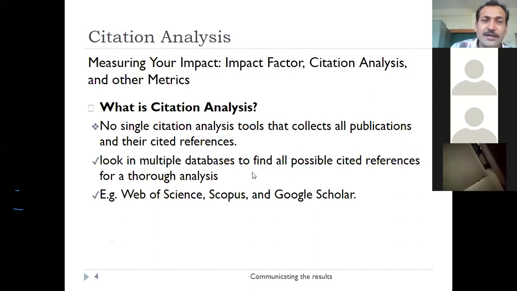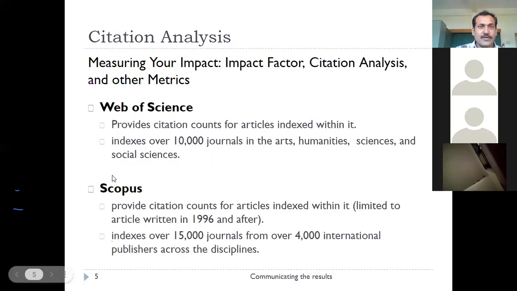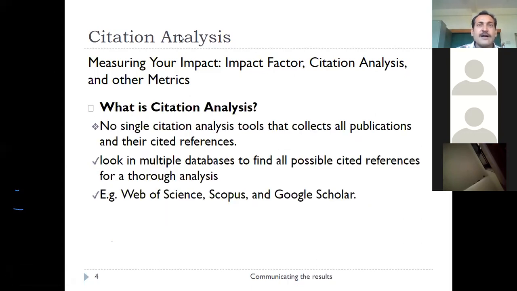And therefore, usually more than one citation analysis tool is recommended. You don't go with just one tool, but you can use multiple analysis tools. So mainly what tools we have here, I will show you.